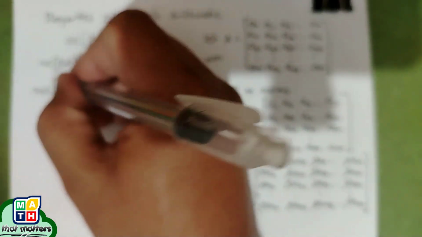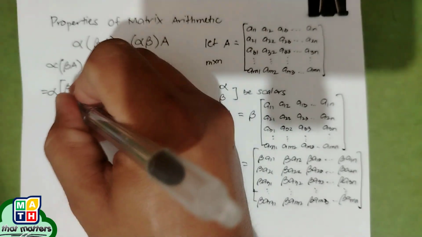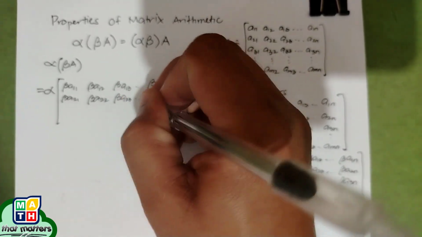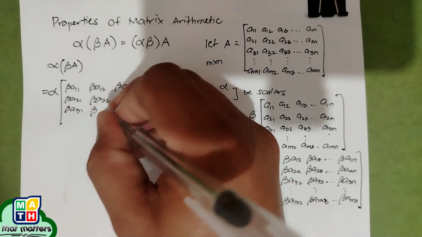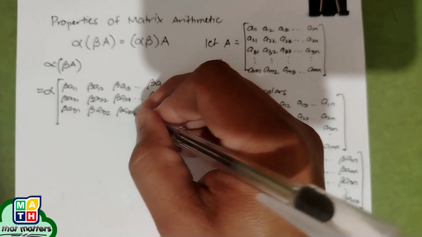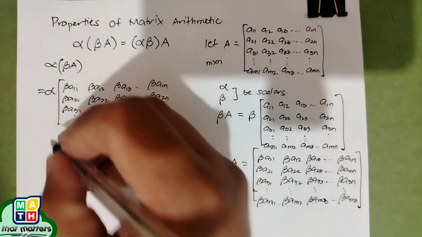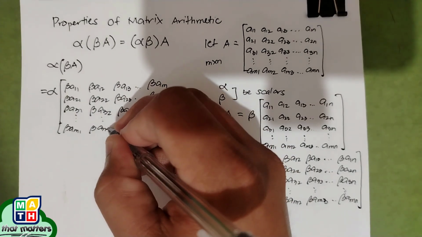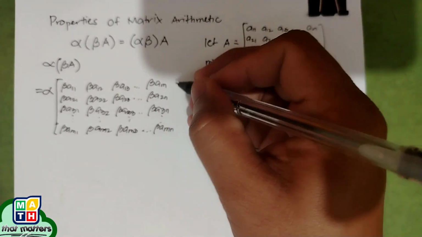So you have beta A11, beta A12, beta A13, dot dot dot, beta A1n, beta A21, beta A22, beta A23, beta A2n, beta A31, beta A32, beta A33, beta A3n, and you will have beta Am1, beta Am2, beta Am3, dot dot dot, beta Amn.